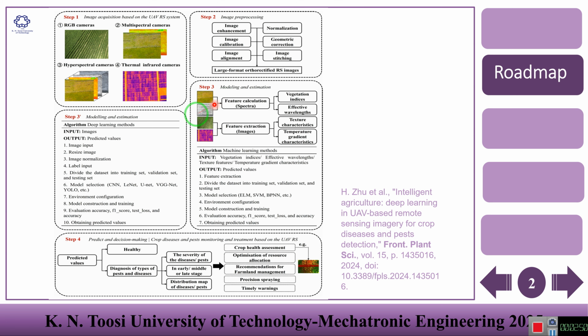We have 2 subsets of step 3. The first one is pointing out the machine learning methods, while the other one is showing us the deep learning methods. So there are some differences. You can see that the deep learning process is much more autonomous compared to the machine learning method.